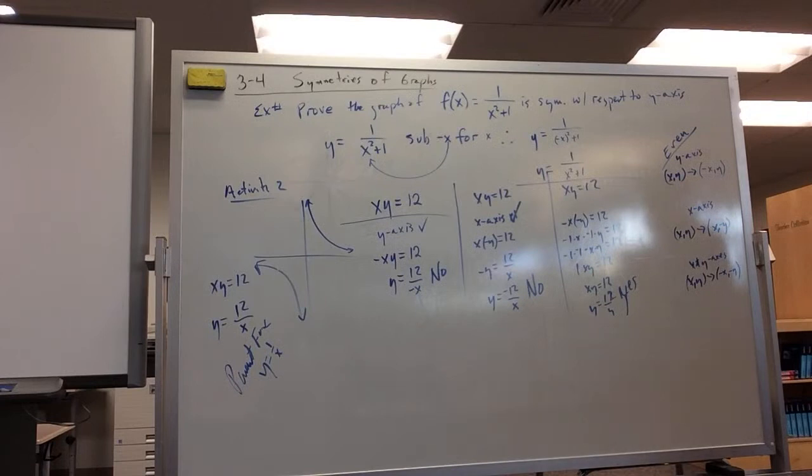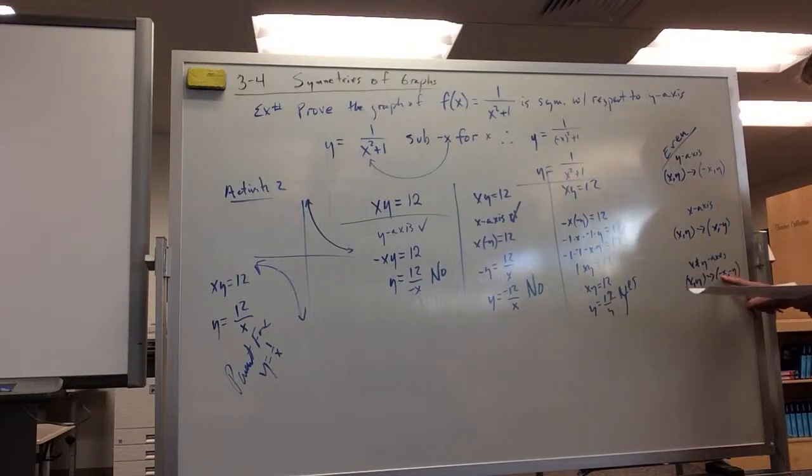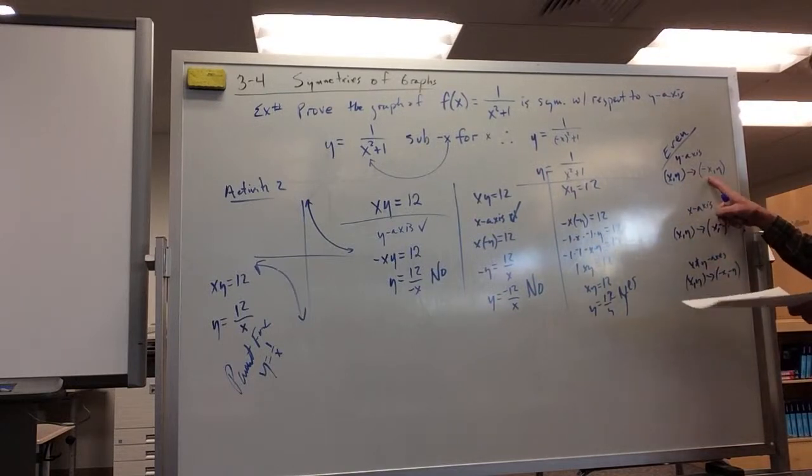That would be the odd function. An odd function, by definition, if and only if for all values of x in its domain, the function of the opposite of x is equal to the opposite of the function of x. So if we look at this here, you have the function of the opposite of x.